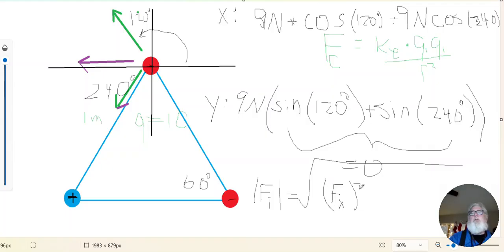So we take the x component, square it, add it to the y component squared, and take the square root of that sum. That's the magnitude of the total force. That's already 7 minutes. If that's not enough assistance and you need a little more of a hint, let me know, and I'll try to provide that for you.